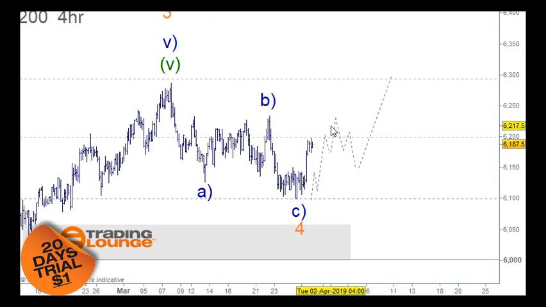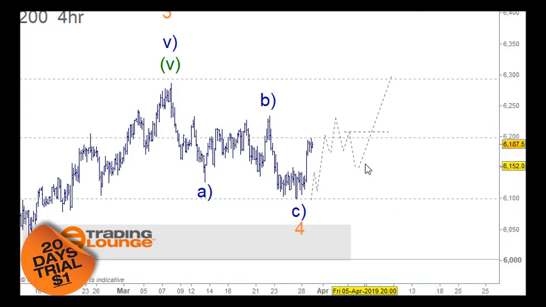It's always nice to wait for further confirmation, and that would be an ABC here, and then taking out this high, which would validate a move higher. So this little pattern, impulse wave, corrective wave, taking out this top and having support on 6,200, would be the safe trade to the upside.